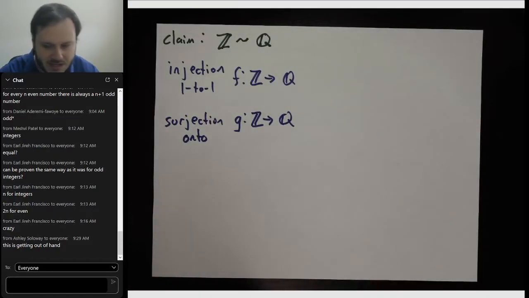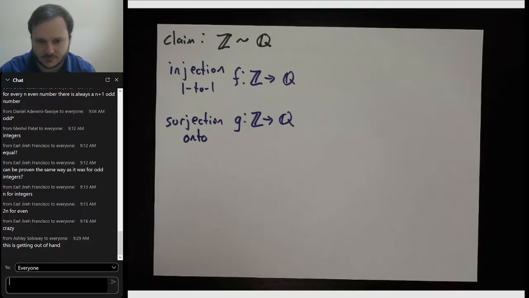One of these is really easy. Who can give me the really easy one? Either a one-to-one function or an onto function.